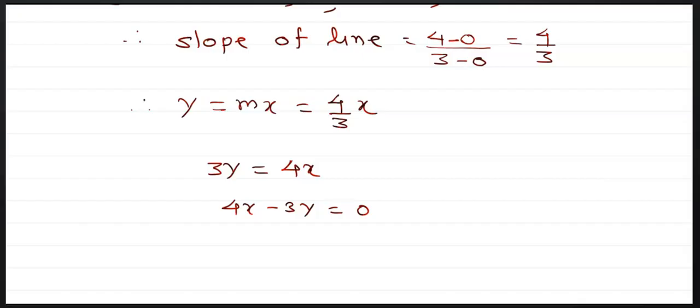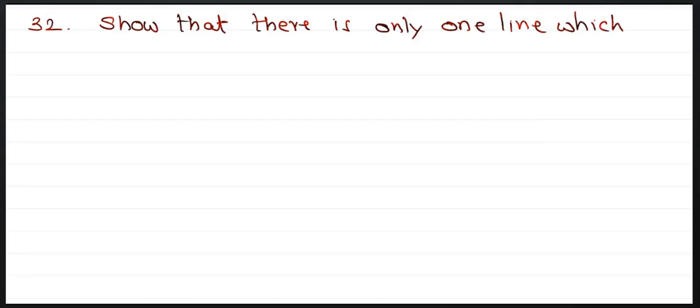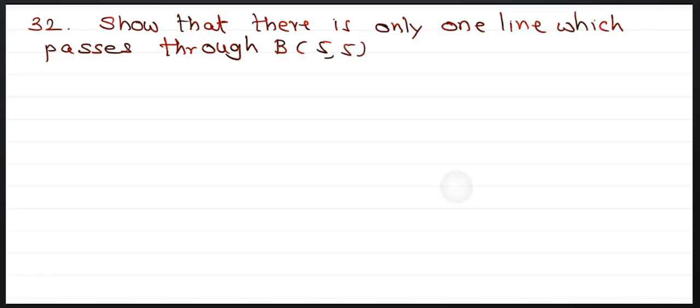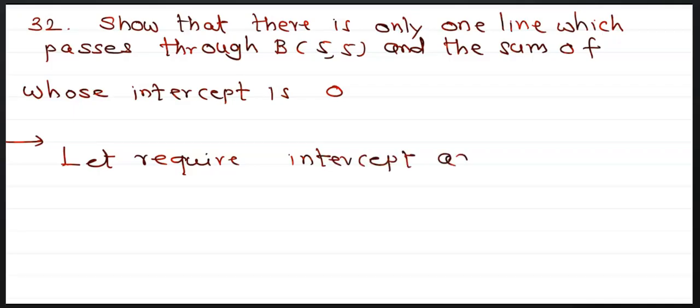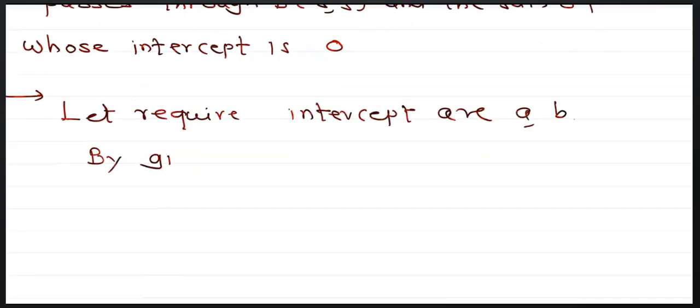Now next is problem number 32. Show that there is only one line which passes through (5, 5) and the sum of whose intercepts is 0. Let the required line make intercepts a and b.